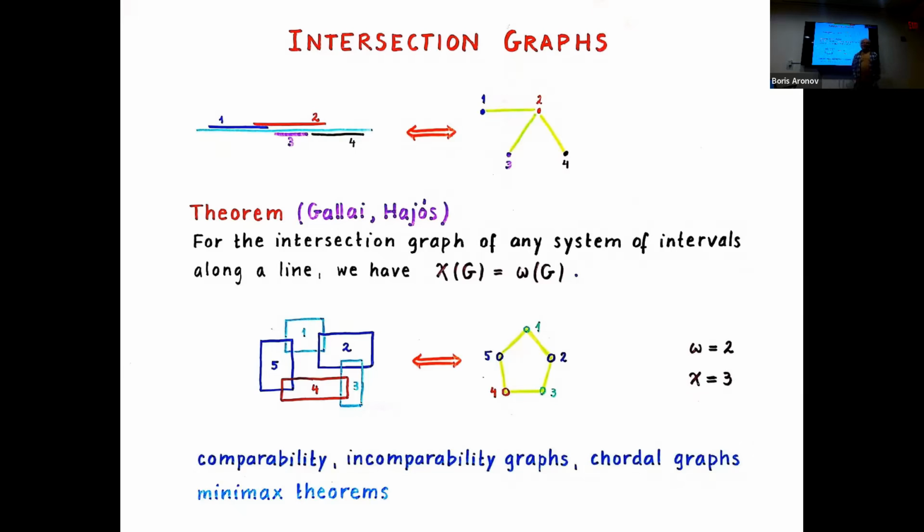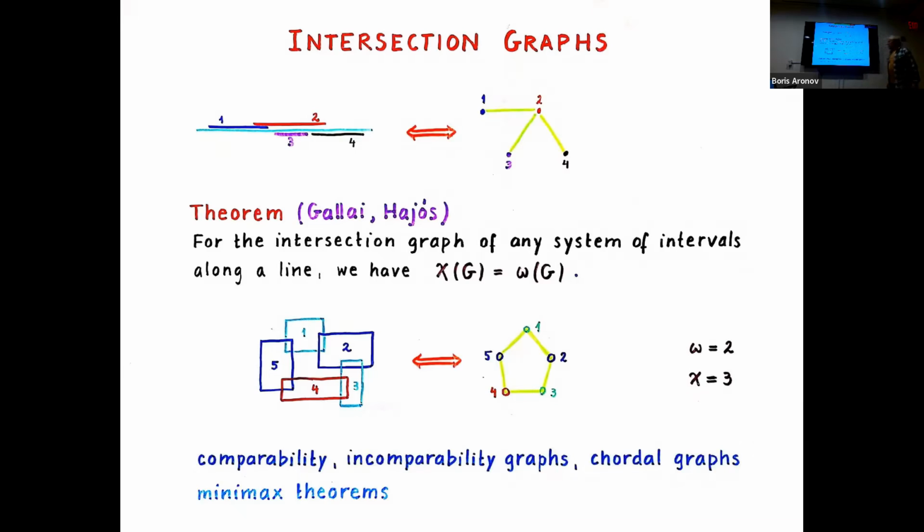But there are several graphs that are perfect graphs. I don't want to define them. Famous big classes: comparability graphs, incomparability graphs, chordal graphs, and so on. And there is a big chunk of graph theory which is involved in a number of interesting minimax theorems, to some extent related to linear programming, for which you really get this perfectness.